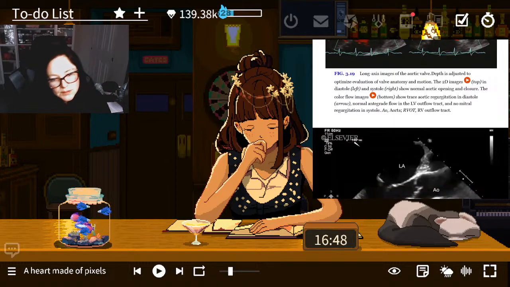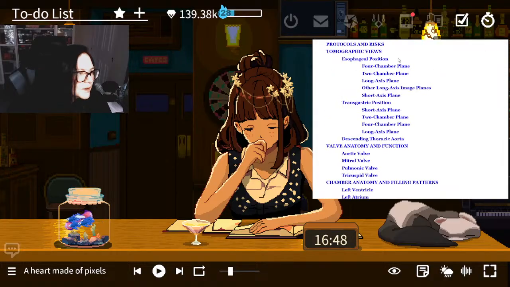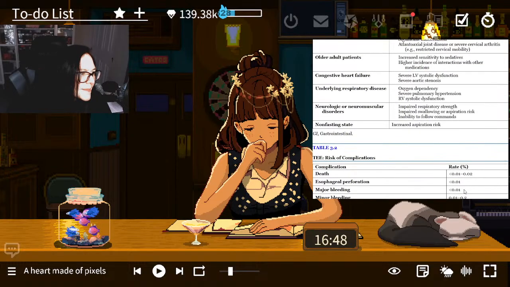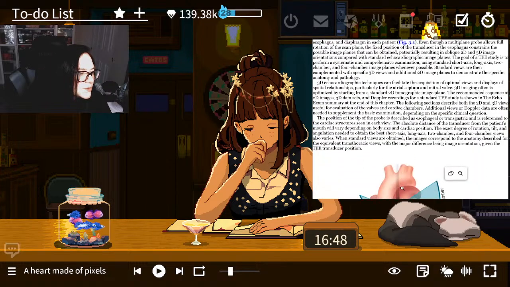All right. So, what angle? That's at a 45. So 45 degree. It should be in one of these tables.